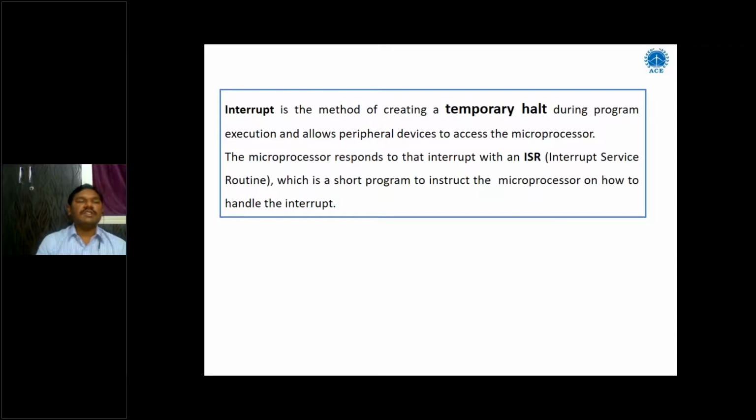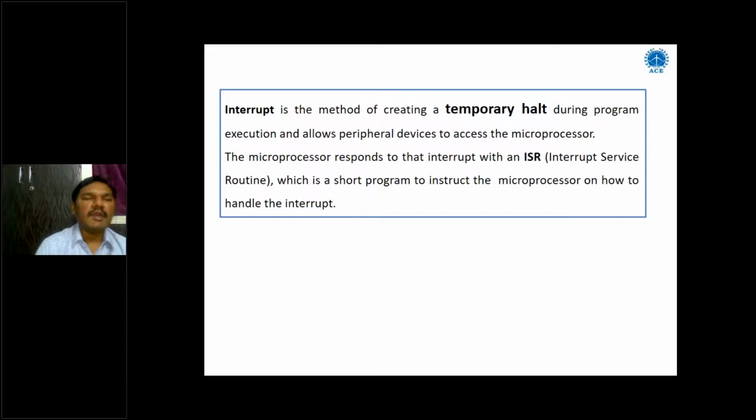Suppose a teacher is in the class and a student comes late. He will ask permission. The teacher is on the job of executing his lecture, and the latecomer asks permission, then the teacher will stop and say, please come in. That is what we call the temporary halt.